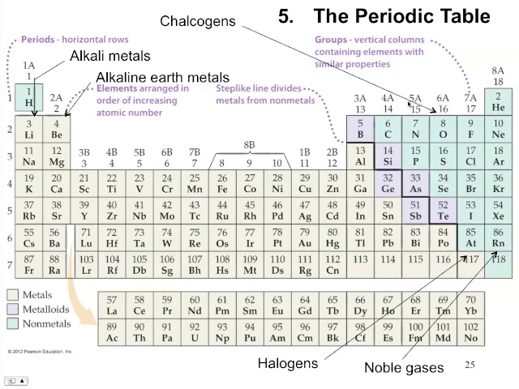Now, one other important point about elements that are organized in a group is that they have similar reactivities. Not identical, but similar. For example, the chalcogens oxygen and sulfur both form a compound with hydrogen in a 2-to-1 ratio, H2O and H2S. Now, they're certainly quite different compounds.